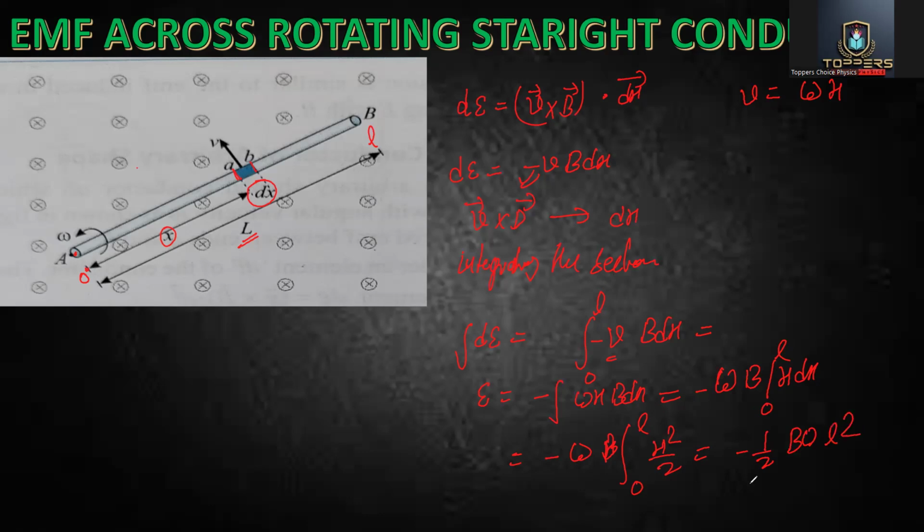That will be the EMF produced across the conductor rotating in a magnetic field.